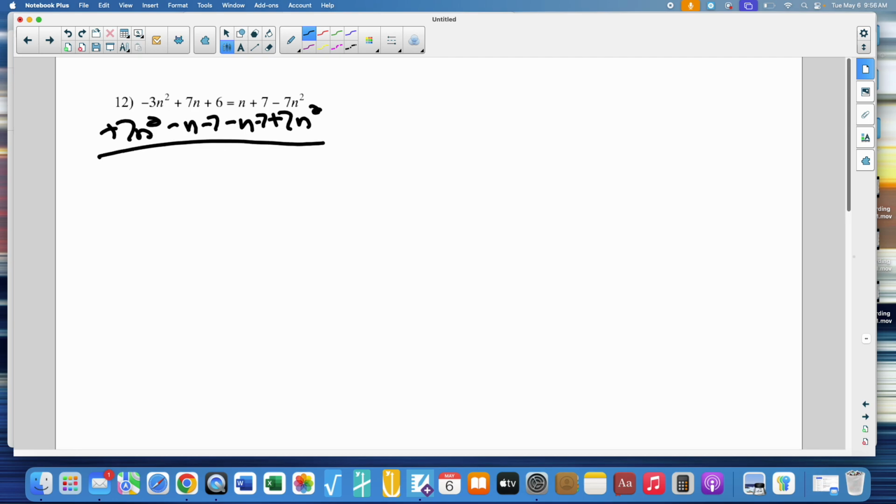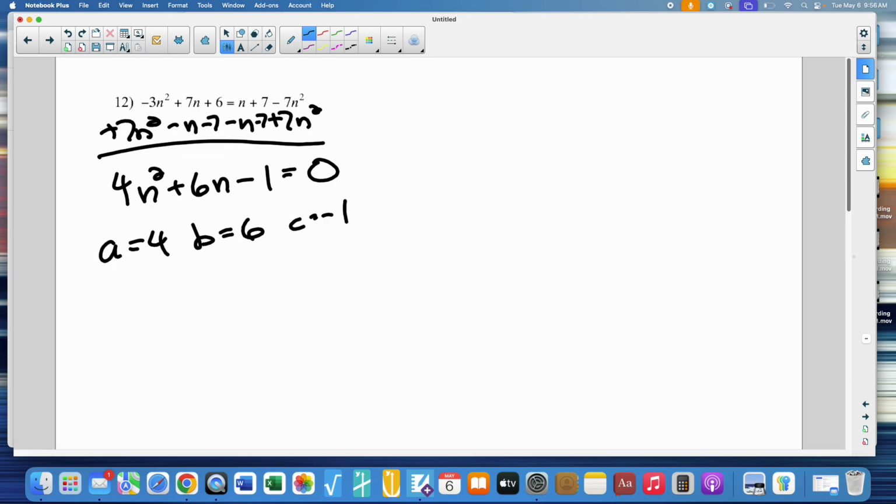And all those are lined up, and that gives me 4n squared plus 6n minus 1 equals 0. Pretty sure that's correct. Let's check it. Take a second. Yep, that is good. All right, my A value is 4, my B value is 6, my C value is -1.